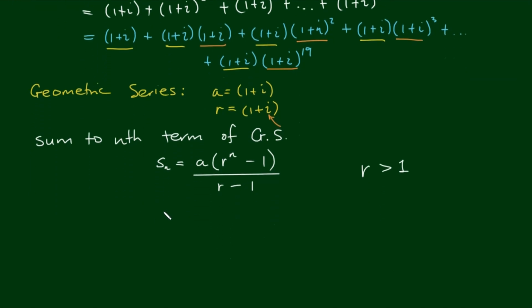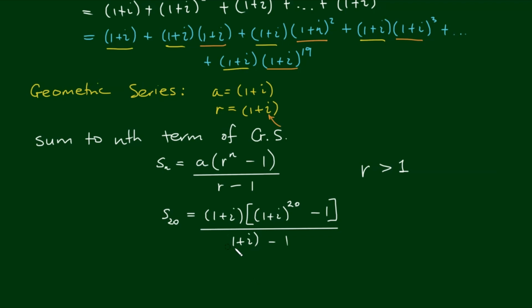So for our particular case, we've got S sub 20, the amount due after 20 years, is equal to (1 plus I) by ((1 plus I) to the power of 20 minus 1) all over (1 plus I minus 1). The denominator we can simply simplify to I. Okay, so this is after 20 years.